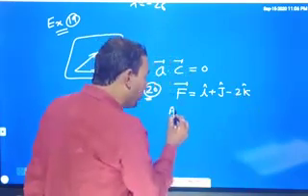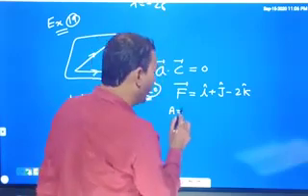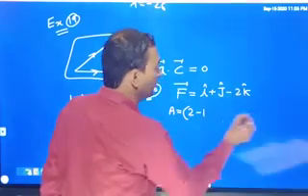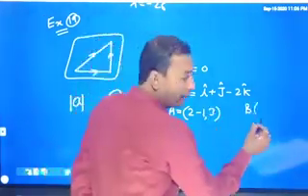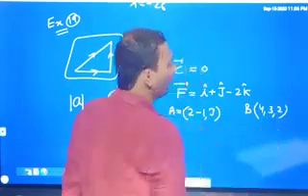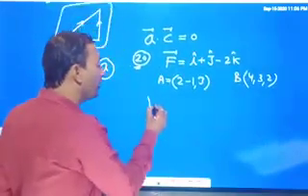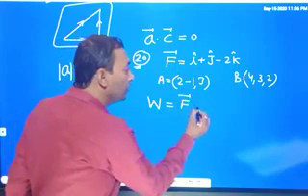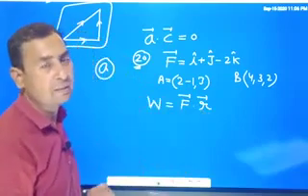This object goes from point A. Position vector of point A is 2, -1 and 3. Position is coordinate system hi hai. Aur B ka position given hai 4, 3 and 2. Then find the work. We know what is the work. Work is force vector dot product with displacement.